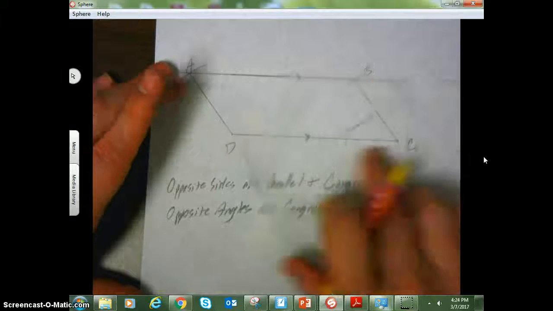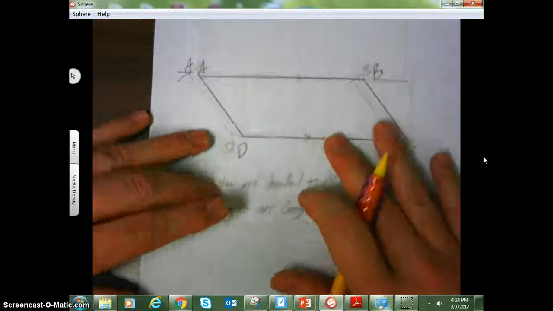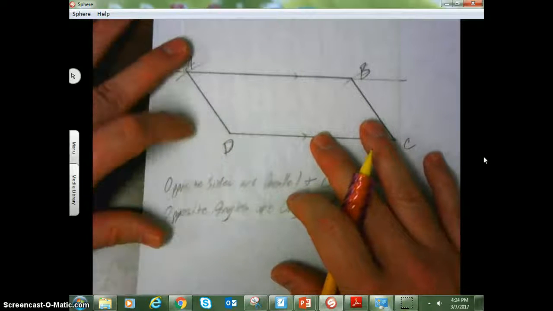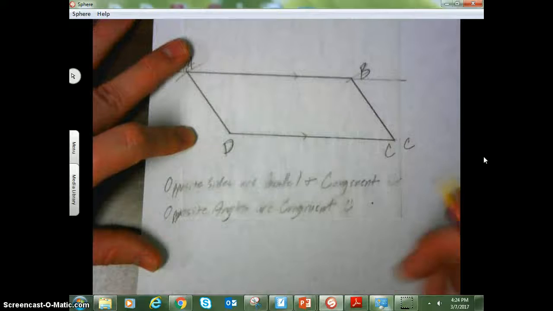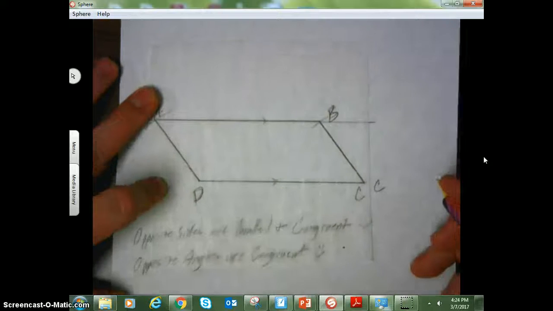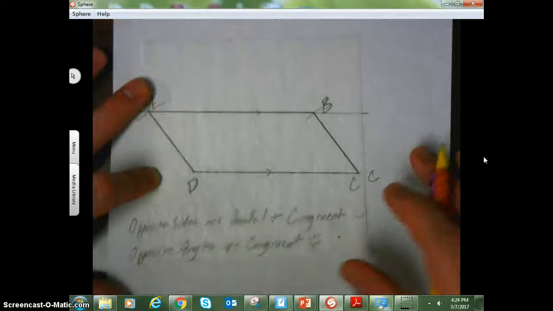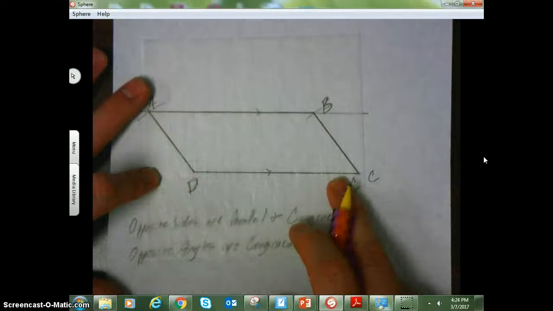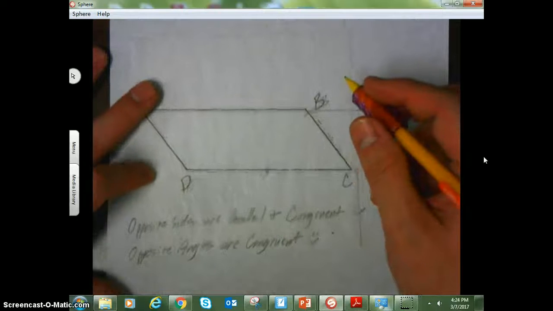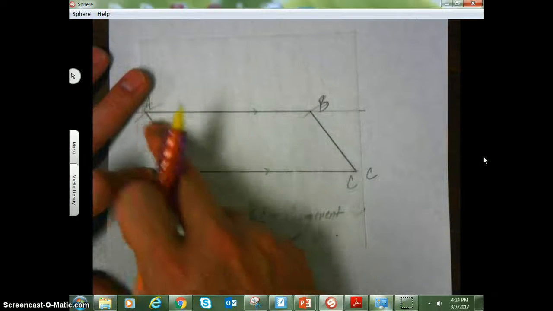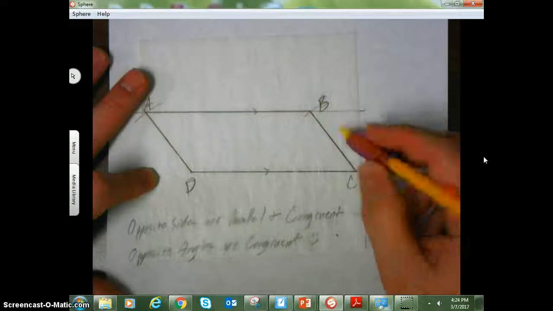Alright, so let me put the patty paper back to where we started. This next part, where I'm still looking at the angles, really shouldn't be anything brand new to us. Because I have parallel lines here and here, since AB and CD are parallel to each other, AD is acting as a transversal, same thing as BC.